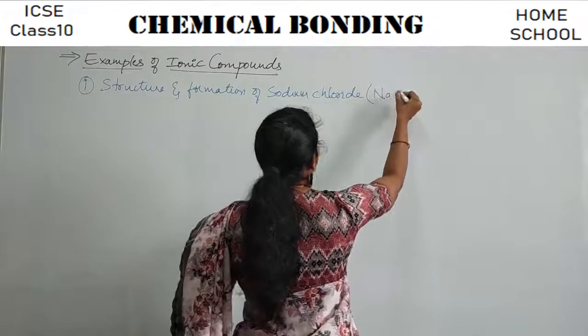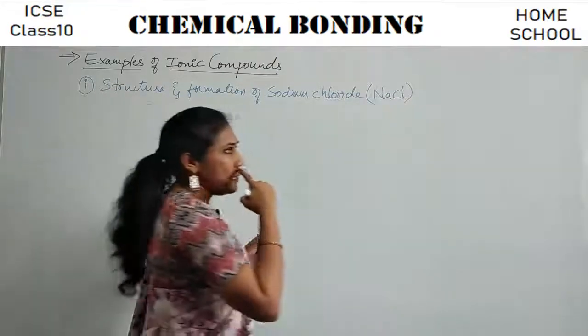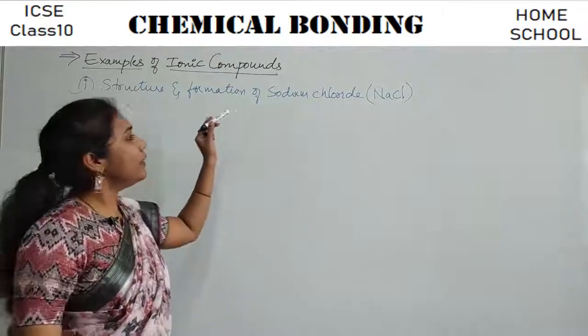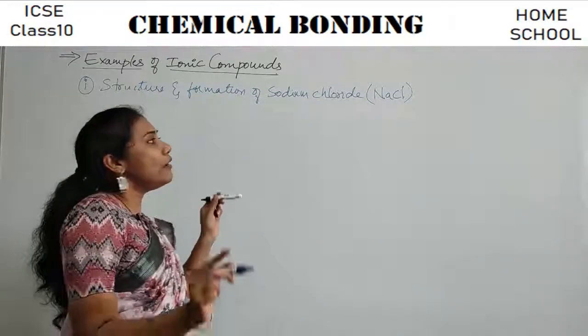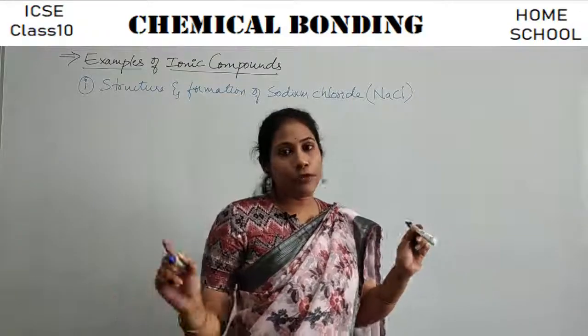So what is its formula? NaCl. It is one basic example of an ionic compound, and let us see how this NaCl can be formed.